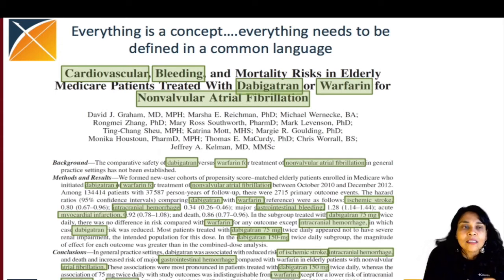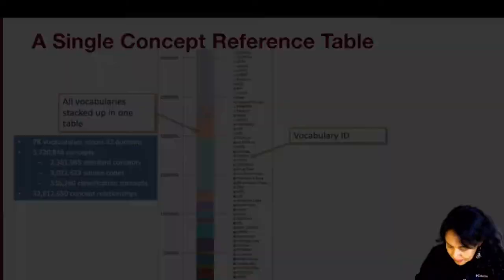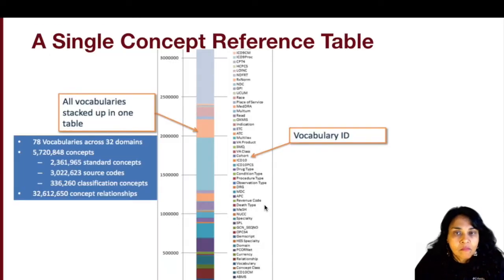Concepts are really the fundamental building blocks of the data records, and this really helps to normalize the tables. The concepts are stored in a concept table, and this table is really meant to be fairly comprehensive.